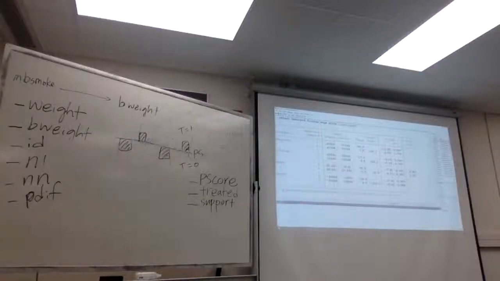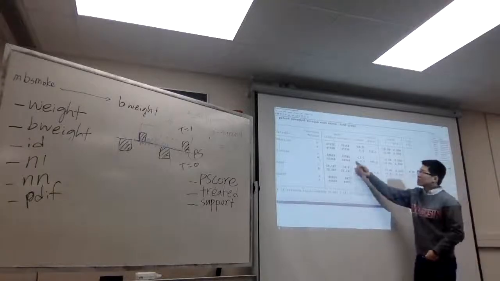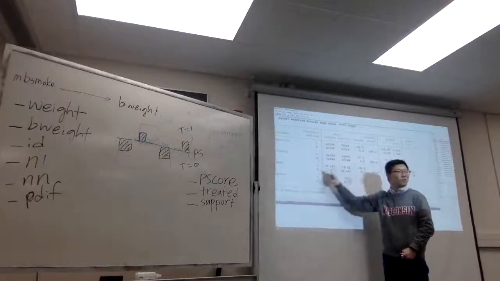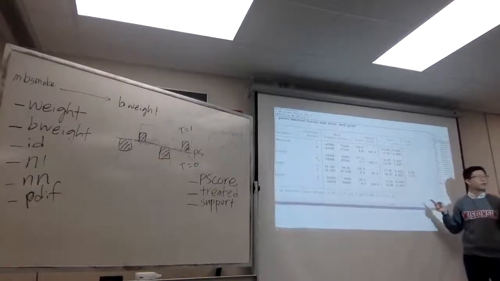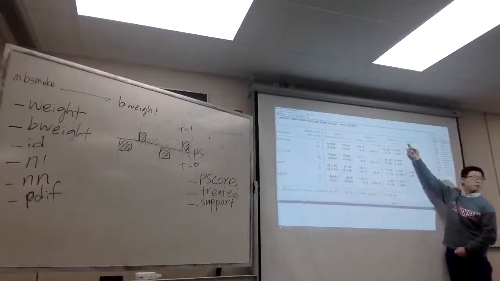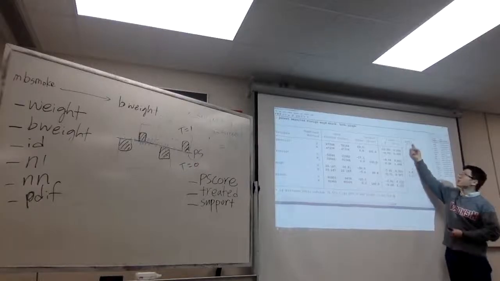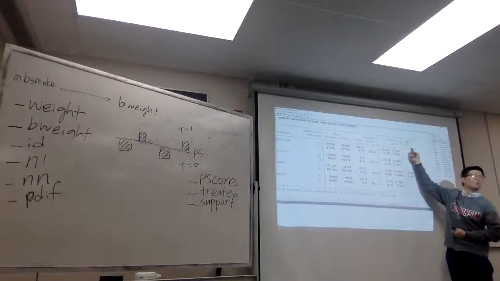Balance is basically that the distribution of covariates across these two groups is the same, including means and variance as well. For example, age, this is about age's mean, right? But then this is the variance of the treatment group divided by the variance of control.